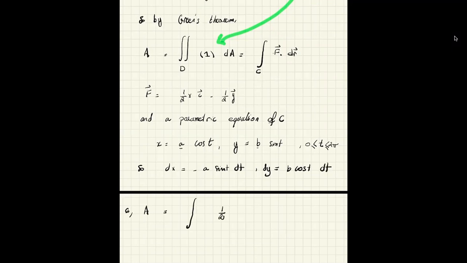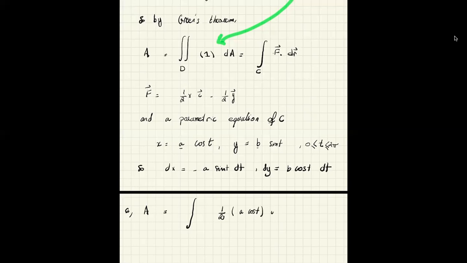Now I am on the curve, so x is equal to, oh, did I make a mistake here? It's 1 over 2 a cos t.